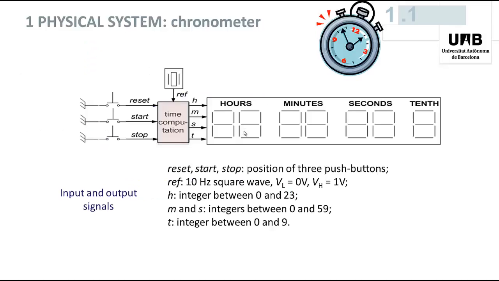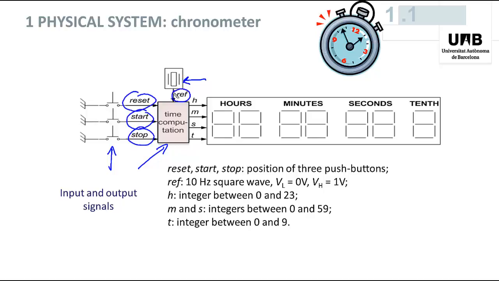Let us see a second example. The second example is the time computation component of a chronometer. It has 4 input signals. 3 of them are generated by push buttons. Those signals are reset, start, and stop. The fourth one is generated by an oscillator.